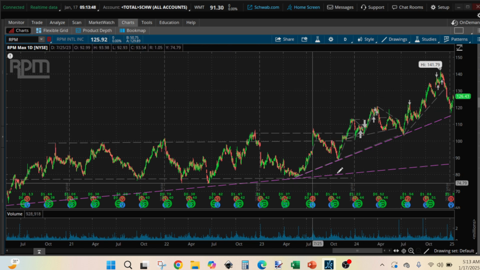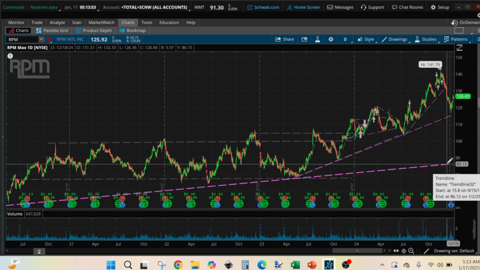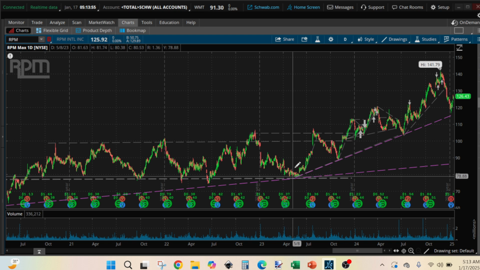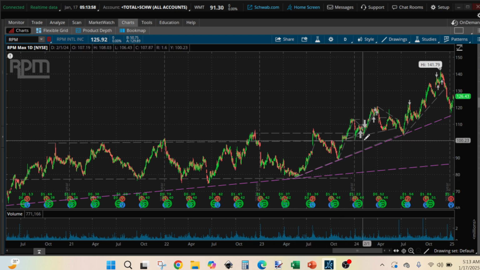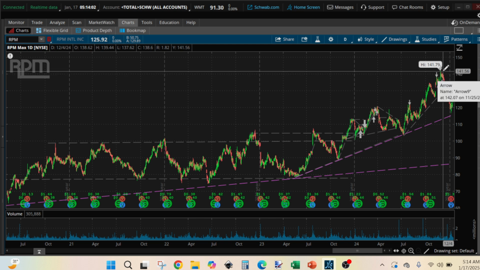But with our long uptrend line strategy, I anticipate we will let the stocks go through multiple swings before we sell.